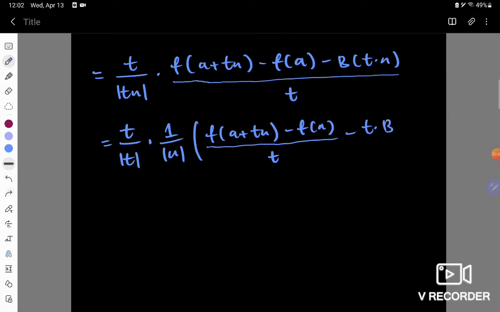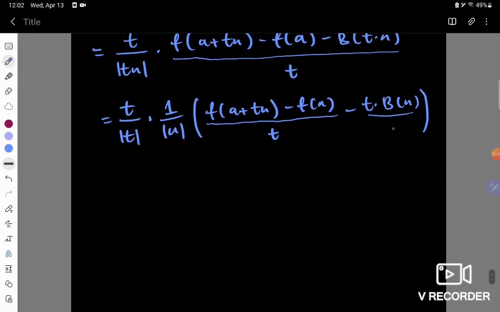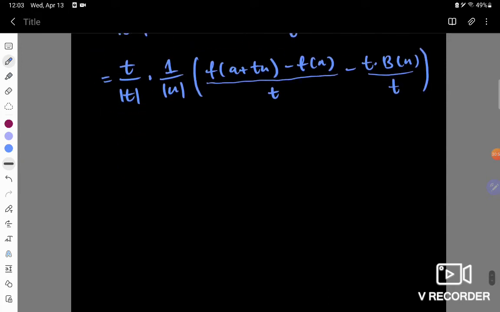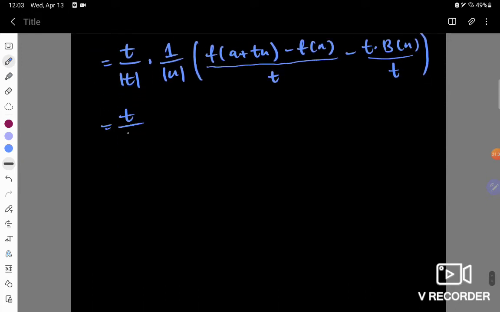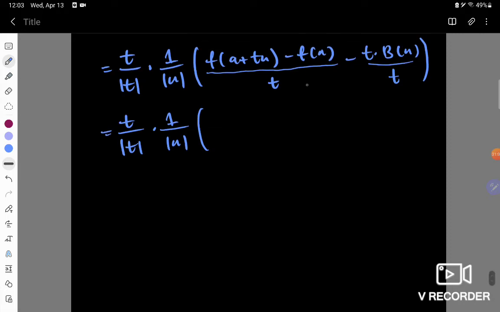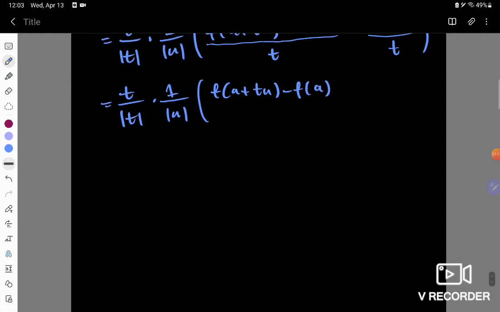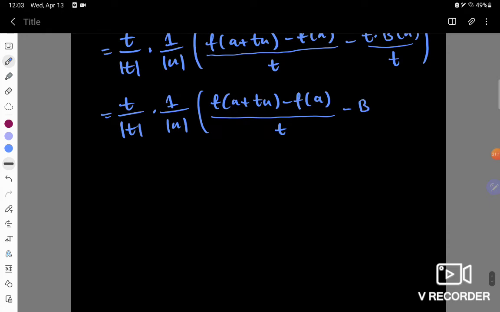I'll use this notation so it's unambiguous, and this is over t, so we're just splitting up this difference like that. t over norm of t, 1 over norm of u, times a plus t u minus f of a, all of this over t, and now we have minus b applied to u. Okay.